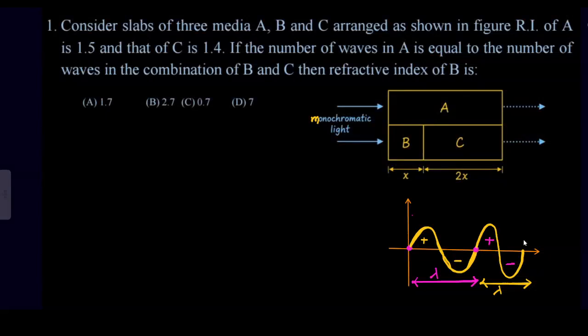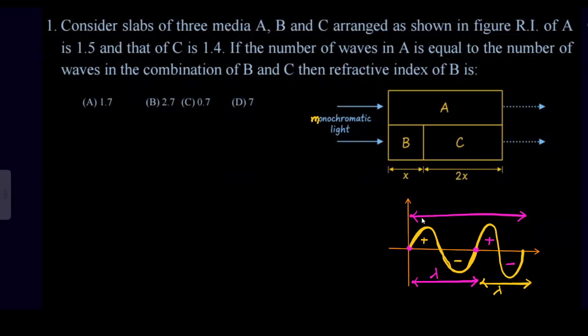Two waves are there. If we call this total length 2 lambda, that means two waves. 1 lambda means one wave, 10 lambda means 10 waves.